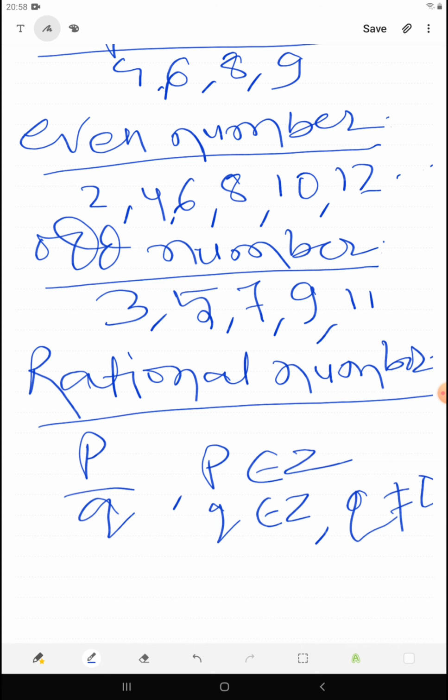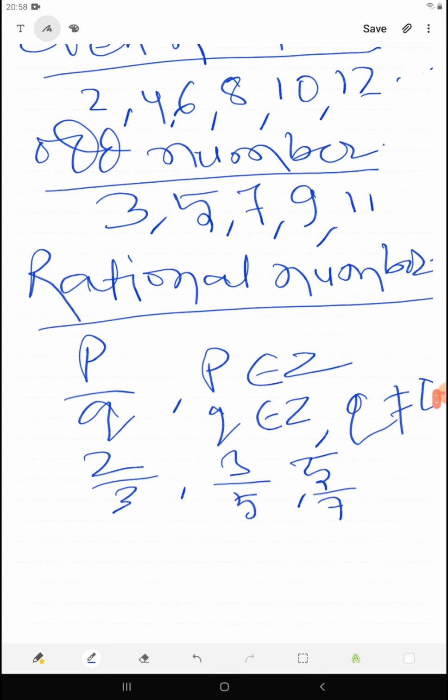It should not be 0. If it is 0, then it's not a rational number. As simple as that. Understand it like this: 2 by 3, 3 by 5, 5 by 7. So all these are rational numbers.